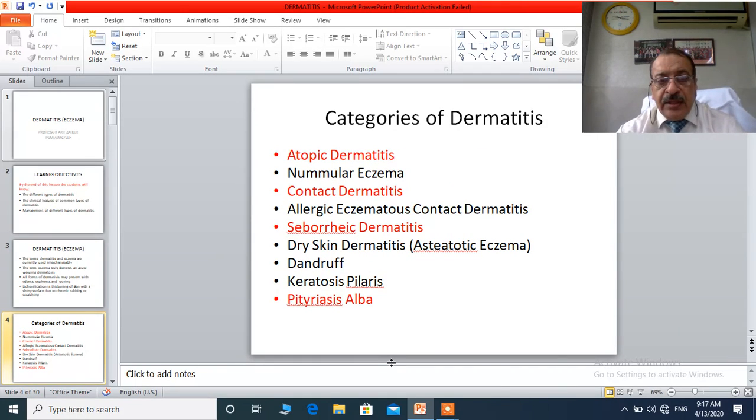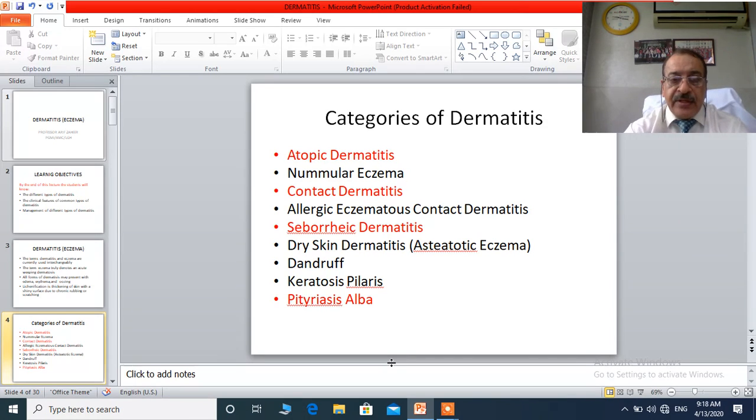Now, there are different types of dermatitis. They are atopic dermatitis, nummular eczema, contact dermatitis, allergic eczematous contact dermatitis, seborrheic dermatitis, then dry skin dermatitis, that is also known as asteatotic eczema, then dandruff, then keratosis pilaris, pityriasis alba.